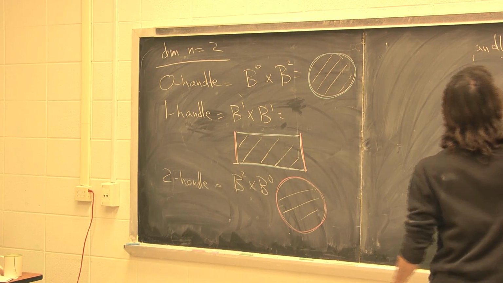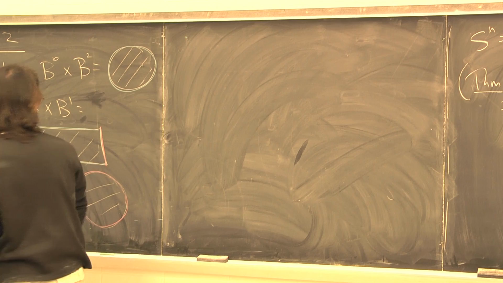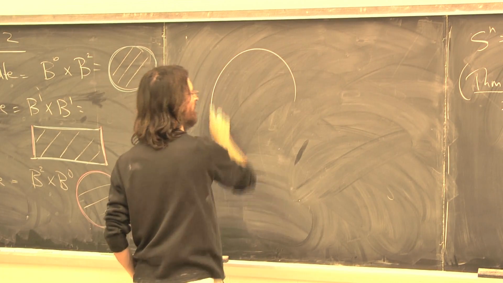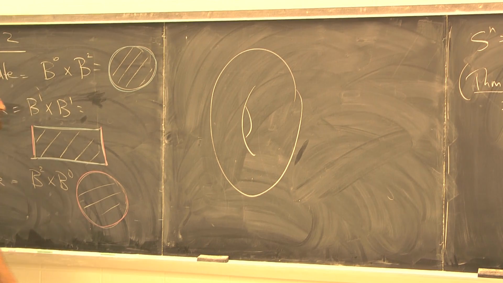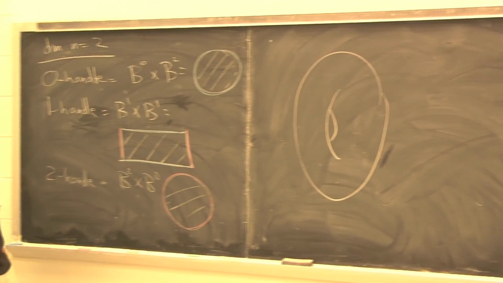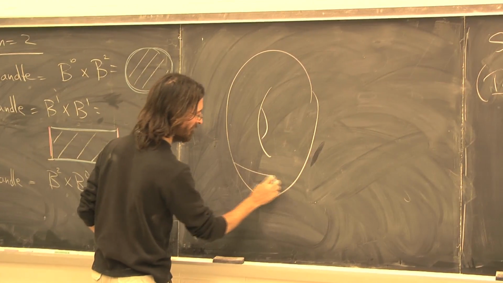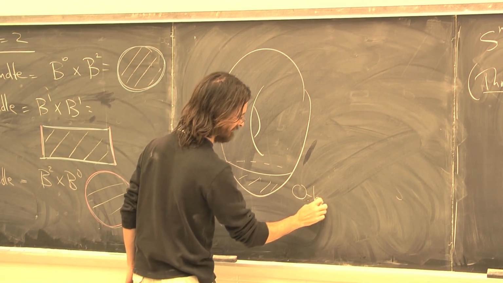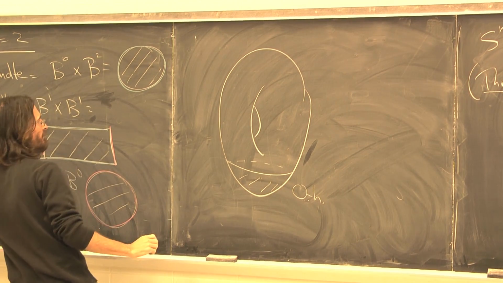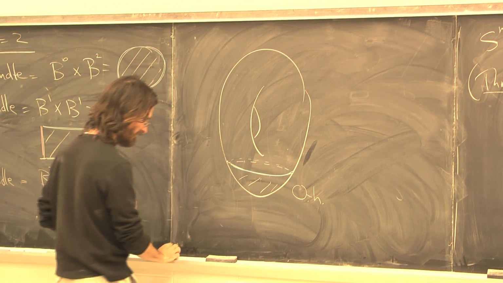Let's draw a picture of a torus and see these things. You draw a standard Morse function on a torus. You're going to see first a 0 handle. Then you get a critical point.